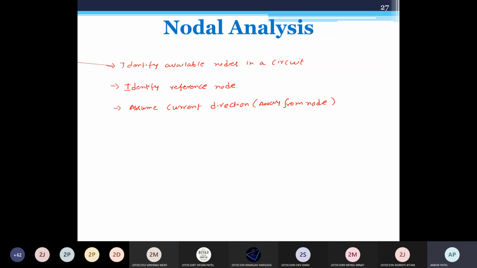So initially we are assuming current direction away from the node. First, here we apply KCL in nodal analysis. Your reference node should be at ground potential.